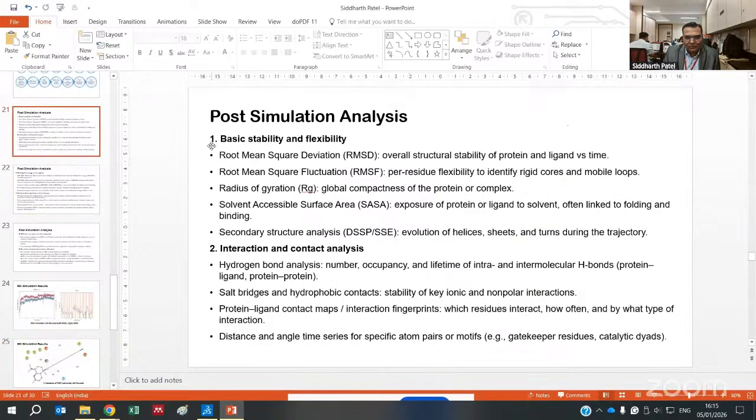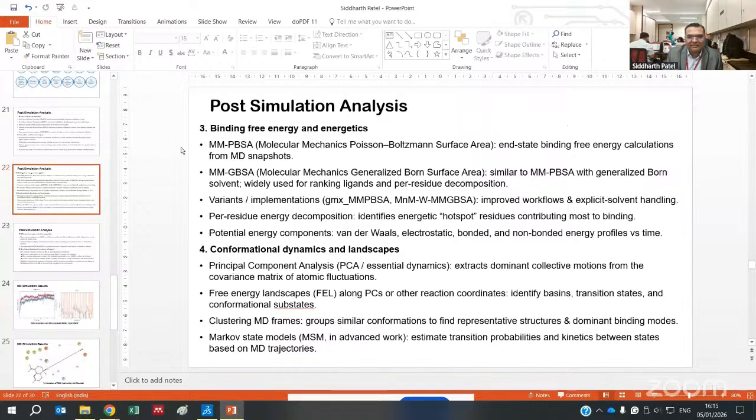So in total, we have seen two studies here, post simulation analysis. One is basic stability and flexibility. The second one is interaction and contact analysis. The third one out of the six is binding free energy and energetics. So MMPBSA and MMGBSA, these two are the major ones.